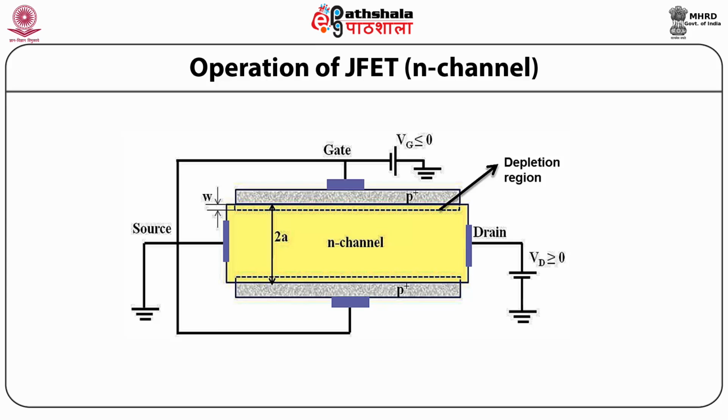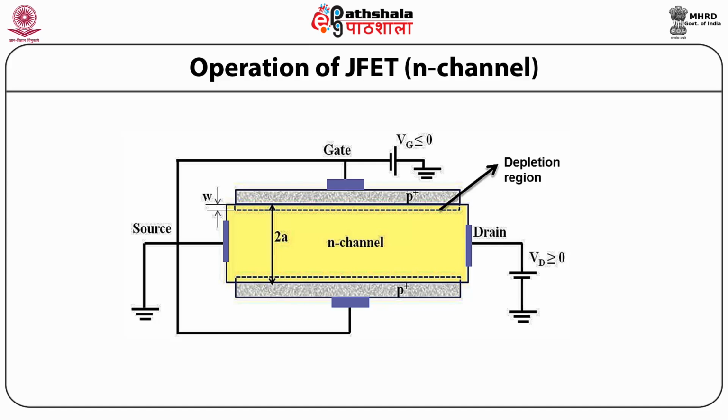So now here the upper and the lower PN junctions are reverse biased, which increases the depletion layer widths, thereby reducing the channel thickness and thus reducing the current that can flow through the channel.